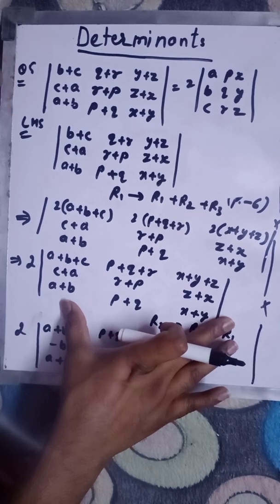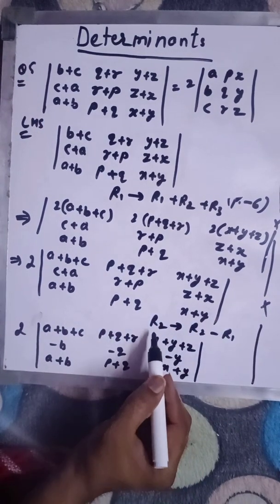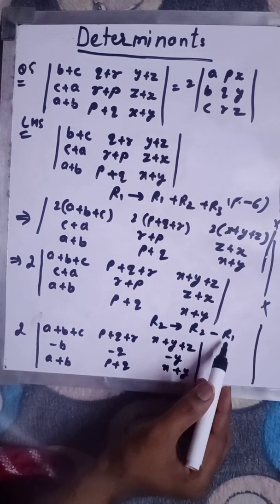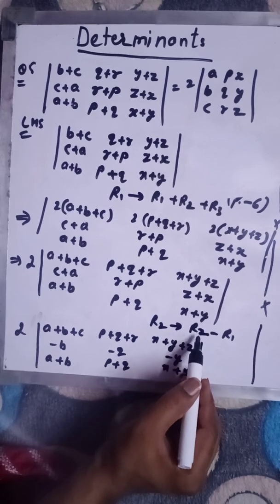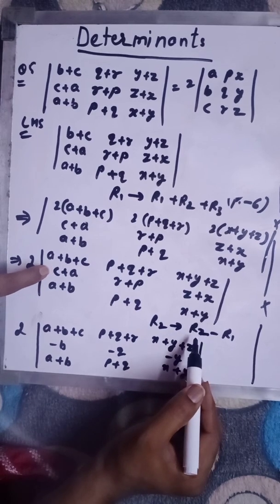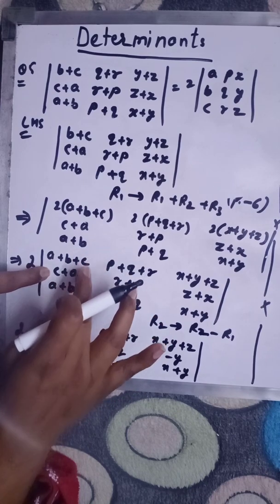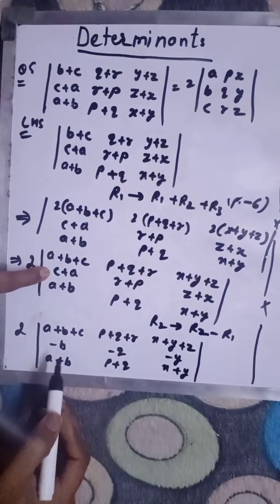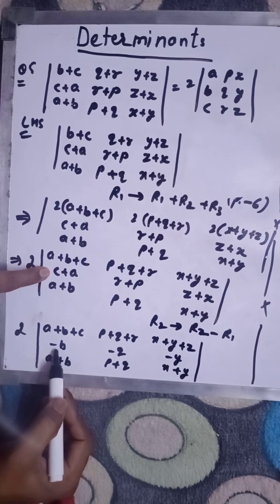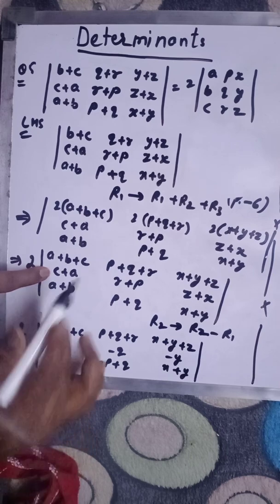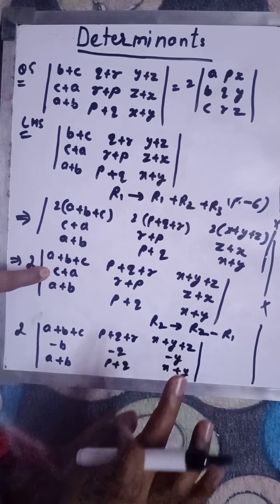Now what I'm doing is applying this operation: R2 goes to R2 minus R1. What will happen if I do this? I will write this and minus this one. When you subtract these two, you will get minus b in row R2. R1 will remain the same; you have to just copy it.